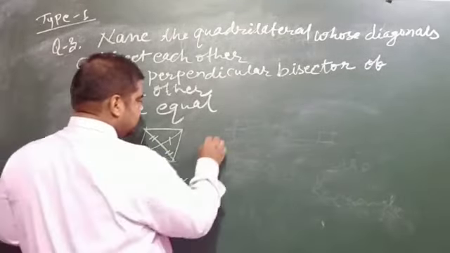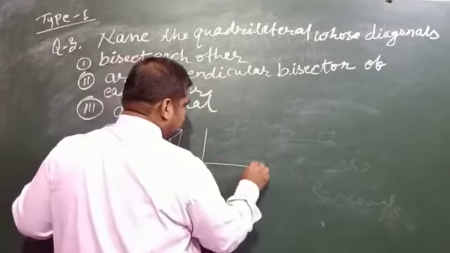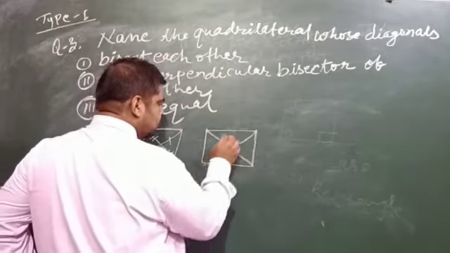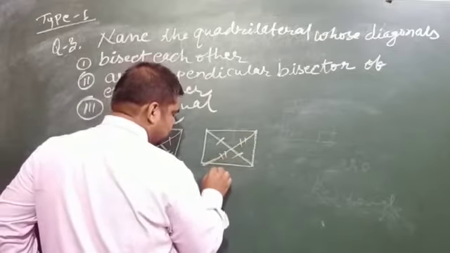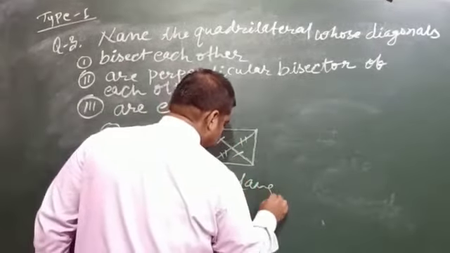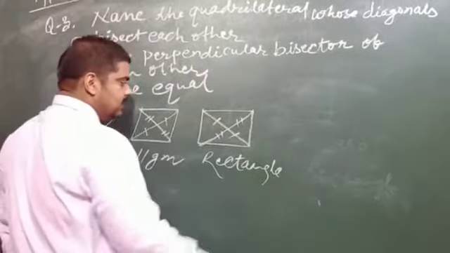Second, you may use a rectangle, because in the case of a rectangle also the diagonals bisect each other by the property you know very well.